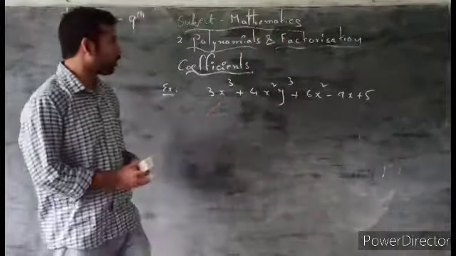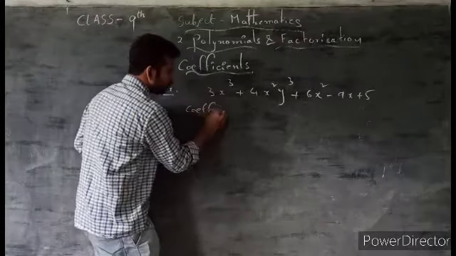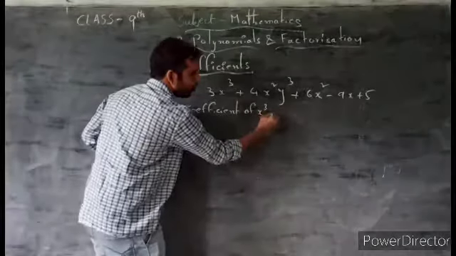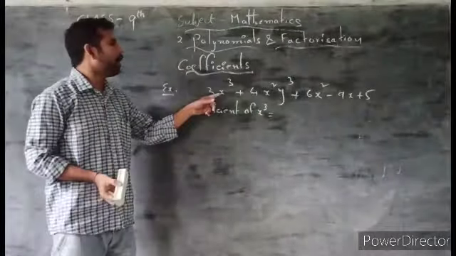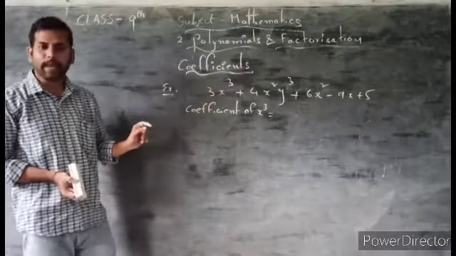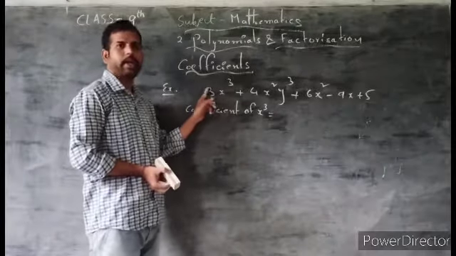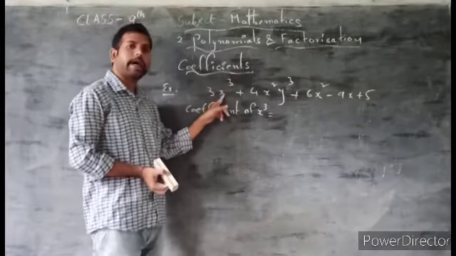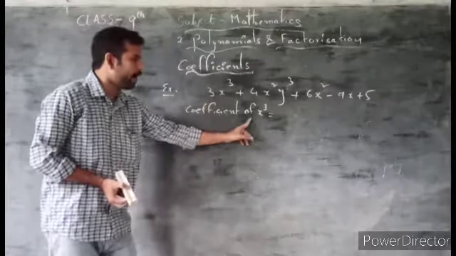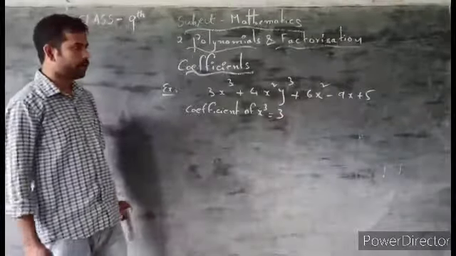So the coefficient of x cube is the remaining numerical part of the term. The remaining part is 3. So the coefficient of x cube is 3.